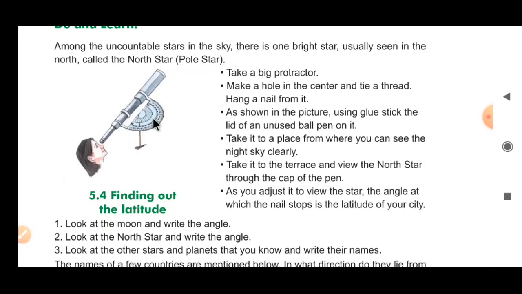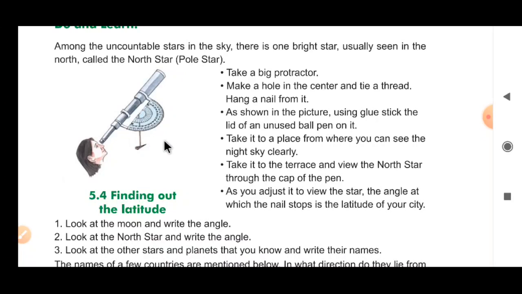So you have to take a protractor. In the picture we can see a big protractor, and they make a hole in the center, pass the thread, and hang a nail. Here we can see the nail. So we have to do the same as shown in the picture, using a glue stick on the lid, and also using an unused ball pen.